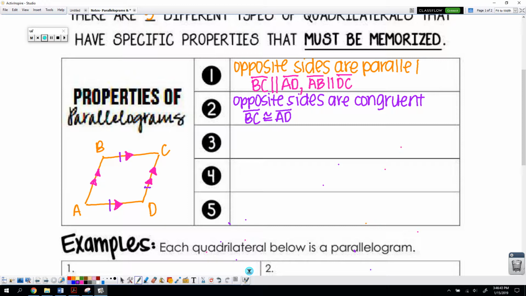And then we'll do 2 for the other set. So we'll say AB is congruent to DC. All right? Now for number 3, we're going to talk about opposite angles. Opposite angles are congruent.